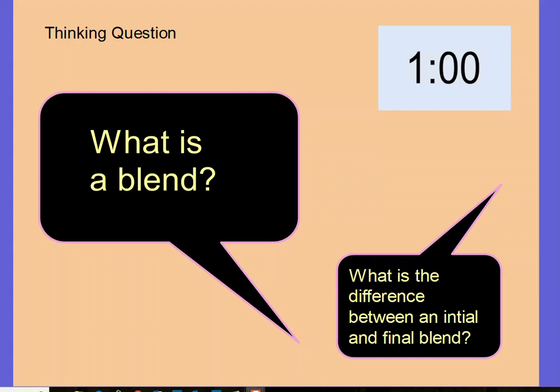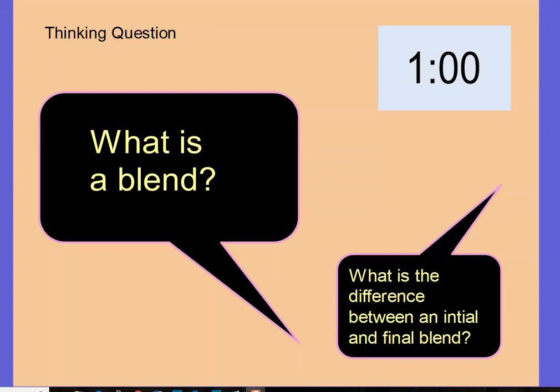For example, s and t, when they are together, make the st sound. Different to s and h when they're together, they make the sh sound. That's a digraph. So a blend is two letters blended together to make two sounds. That's the difference between a blend and a digraph.